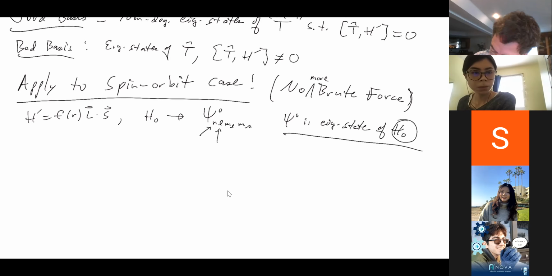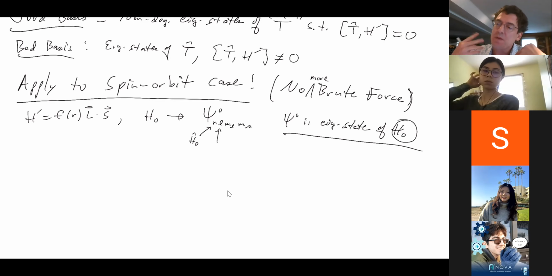The operator associated with N is H naught. The point I'm trying to make is every quantum number is associated with an operator, and now I want to make that connection explicit. N is associated with H naught, right? That's the quantum number which denotes the eigenvalue of H naught.